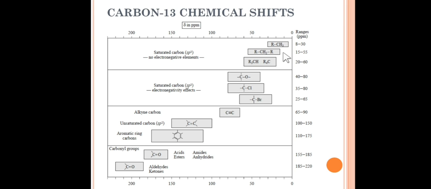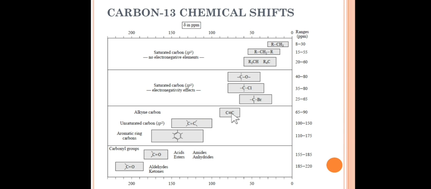Similar to H1 NMR, now talking about carbons: the aliphatic carbons come around 0 to 40 ppm. From 40 to 80 ppm, we have carbons attached to a heteroatom, that is, a carbon attached to oxygen, chlorine, or bromine.